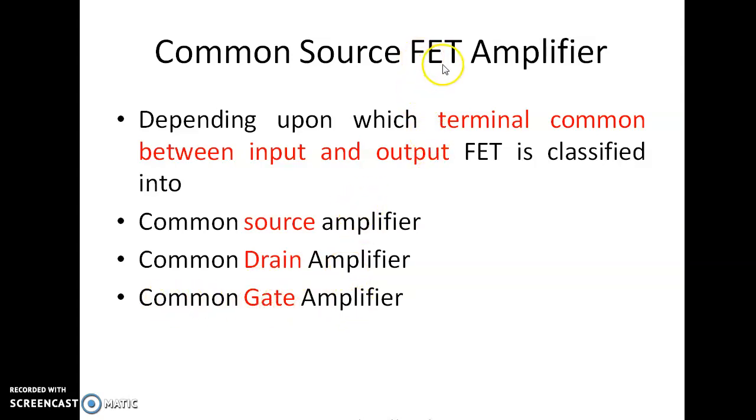A field effect transistor has three pins: the gate terminal, drain terminal, and source terminal. Which terminal is common between input and output determines the name given: common source, common drain, or common gate amplifier.